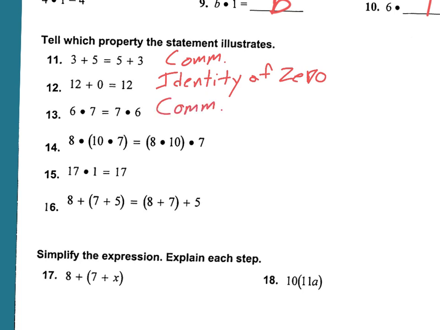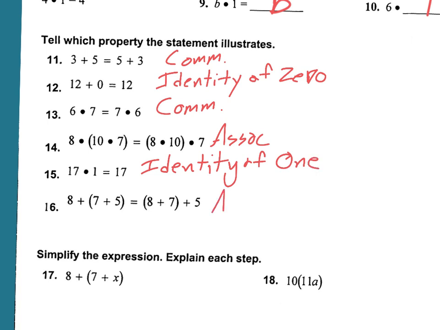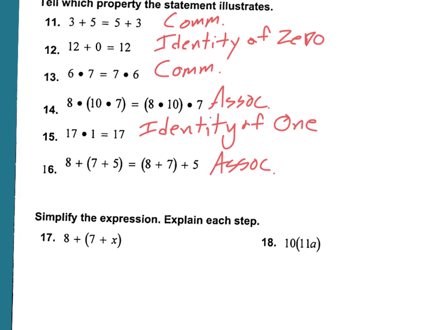What happened here? The parentheses changed places, so it's associative. This one, it's 17 times 1, so we know that it's identity of 1. And then this one, the parentheses changed again, so we have associative. So not too difficult since we've been doing the same thing over and over here.